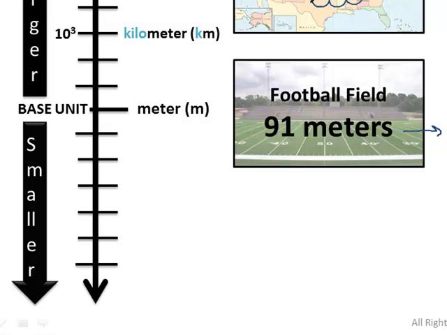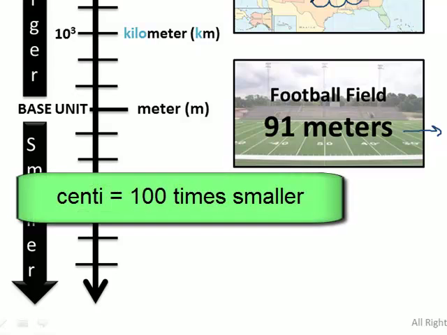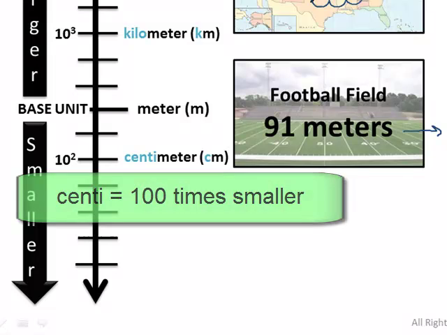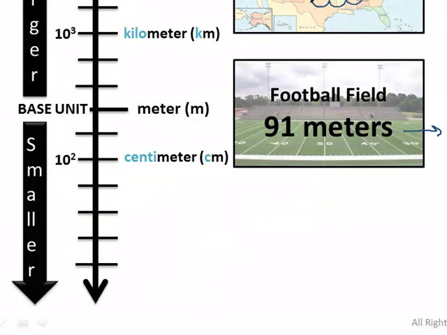If you go to a value that is 100 times smaller than the base unit, you'll end up using the prefix centi. And centi should remind you of century because it represents something 100 times smaller. So in this case of using meters, if I go 100 times smaller than a meter, I'll be dealing with 100 centimeters.